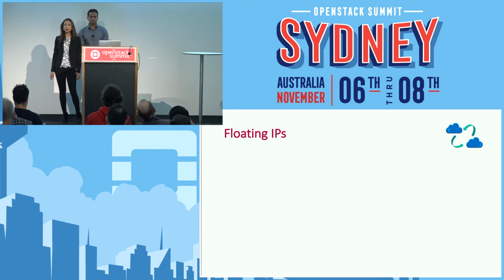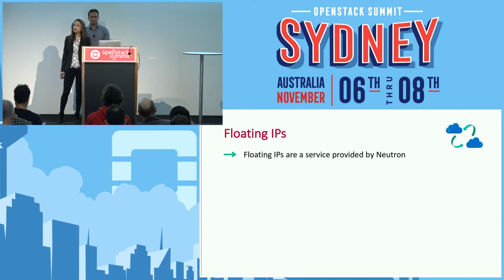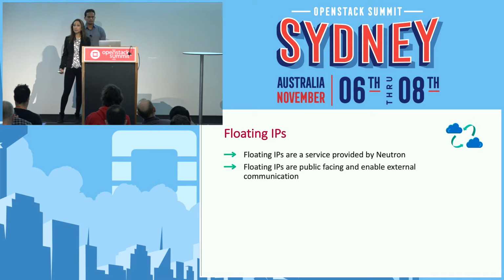Floating IPs. We've been talking a lot about floating IPs. What are these? Floating IPs are another service provided by Neutron. Floating IPs are temporary IPs, and they are public-facing and are used to enable external communication.